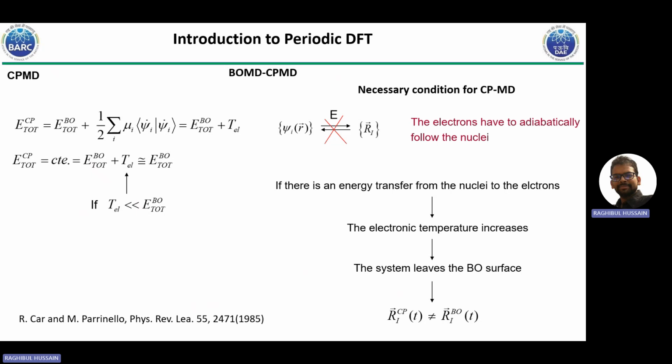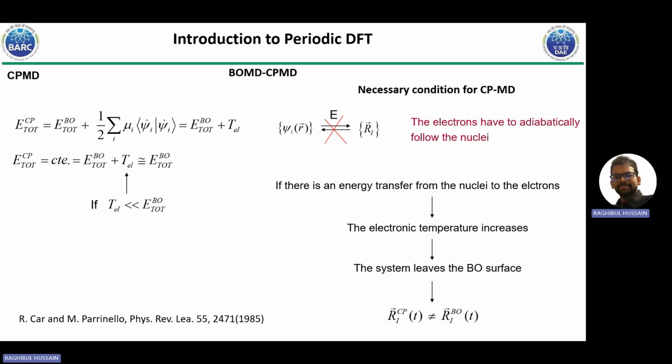What is the condition? You have added some constant to the Born-Oppenheimer total energy, but whether you can add any amount to that, you have to see. That is why they say this term should be very, very less than the total energy in the Born-Oppenheimer energy.